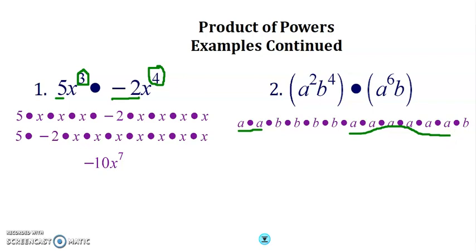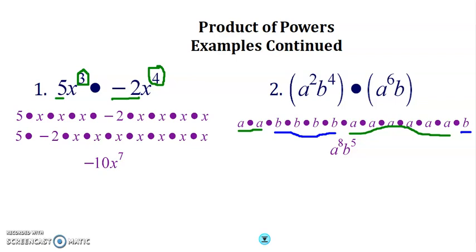Well, that's just a to the 8th. There's a total of 8 a's. And then if we look at our b's, I have 4 factors of b over here, and 1 over here. That's a total of 5 of those, so b to the 5th power. And so there we have our a to the 8th, b to the 5th.